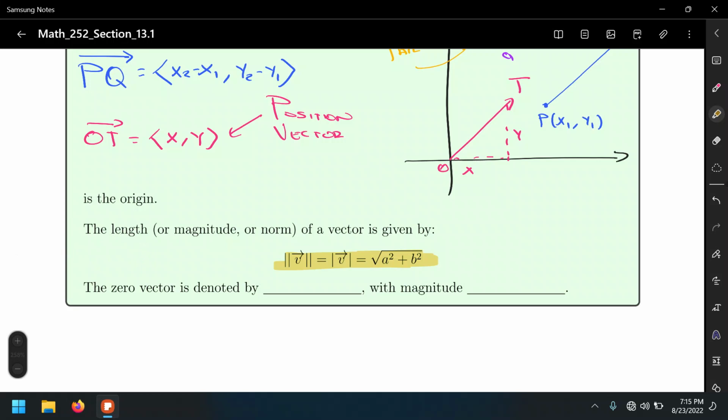The term norm, you will use it more often in linear algebra and that's because of the abstractness of the subject. For example, in Calc 3, we're going to look at vectors in 2 dimensions, x and y, and then we're going to move on to vectors in 3 dimensions. But of course, linear algebra is about vectors in 17 dimensions, 59 dimensions, infinitely many dimensions.